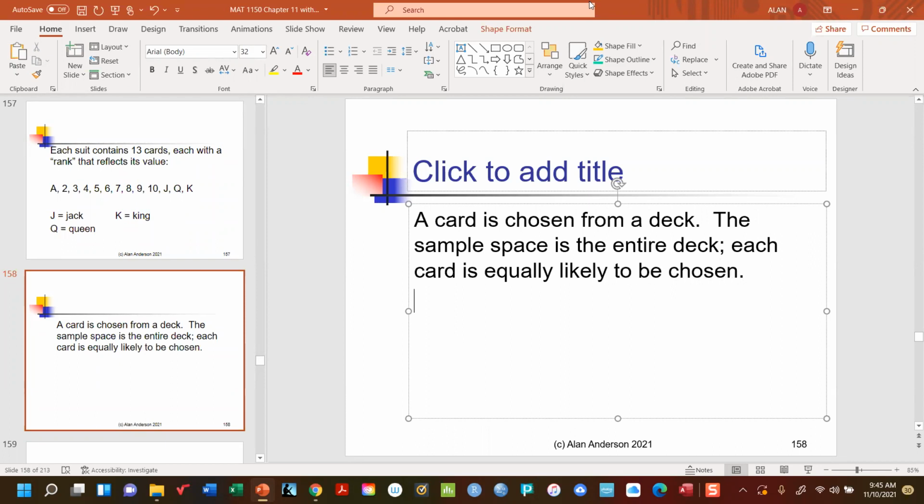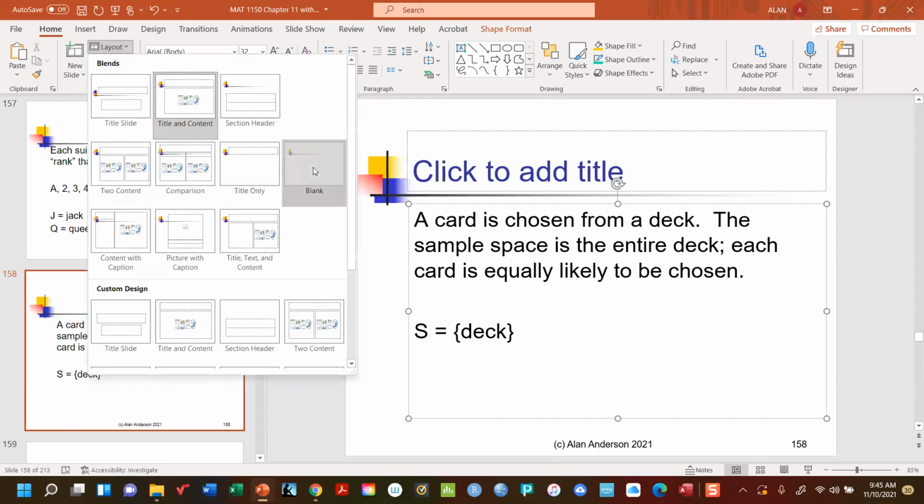So this is like the die rolling experiment where each outcome is equally likely. And so if I wanted to know, for example, the chances of getting a particular set of cards, it's very easy because I can just count the number of cards that qualify and divide by 52. So the sample space, I won't bother to write it all out. The sample space is the deck.